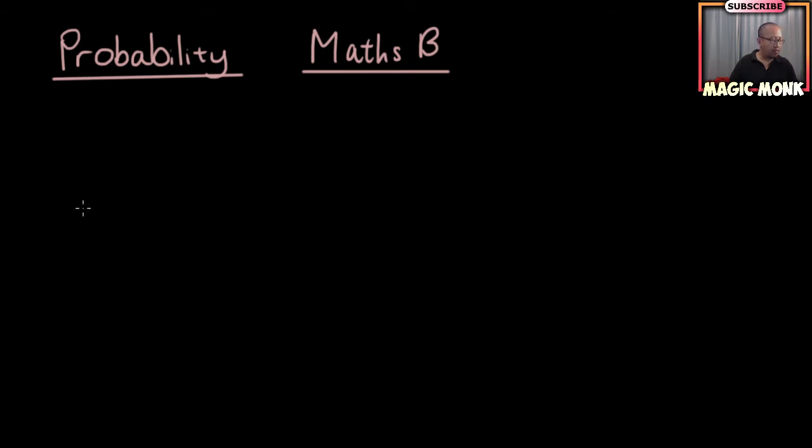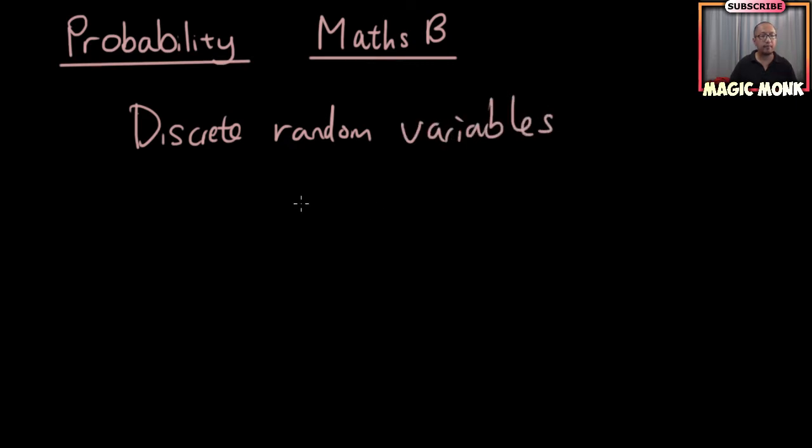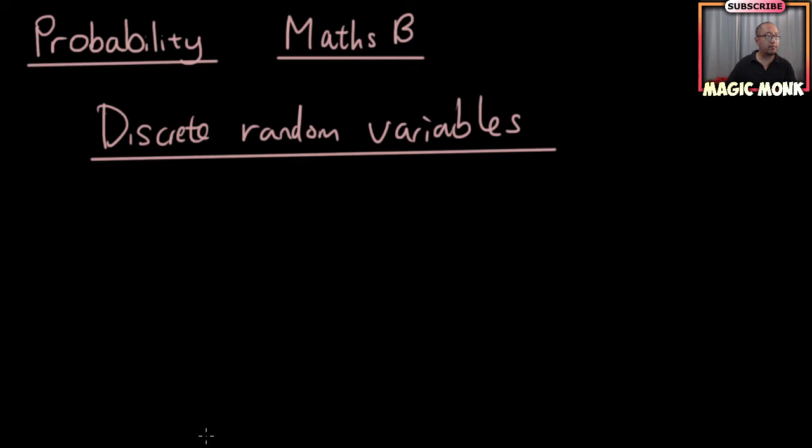what are variables. Okay, and let's call it discrete random variables. So a variable, you guys all know what that is, right?